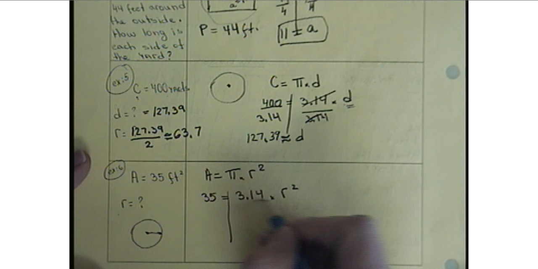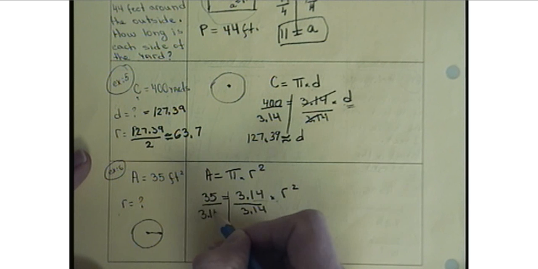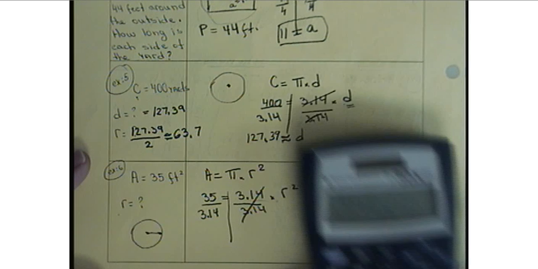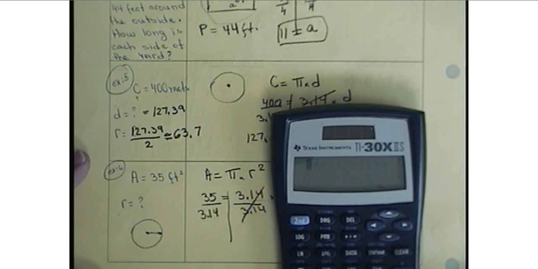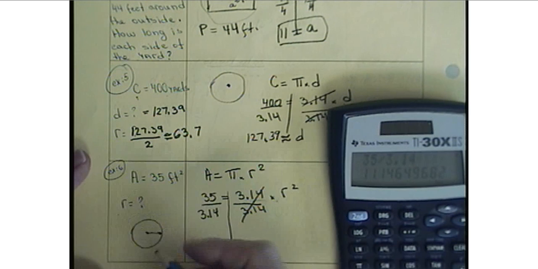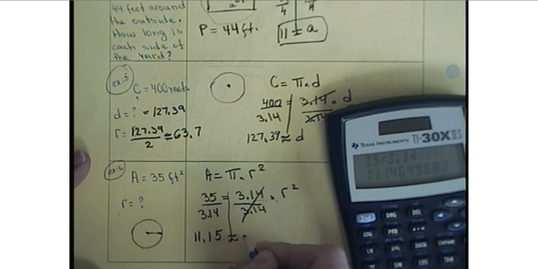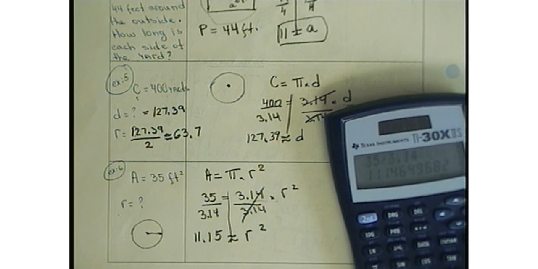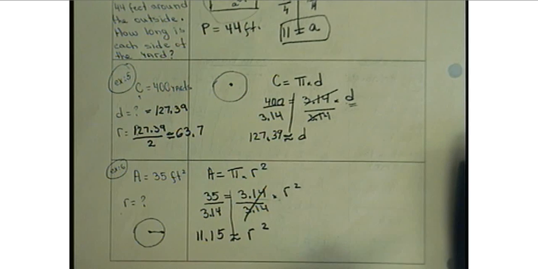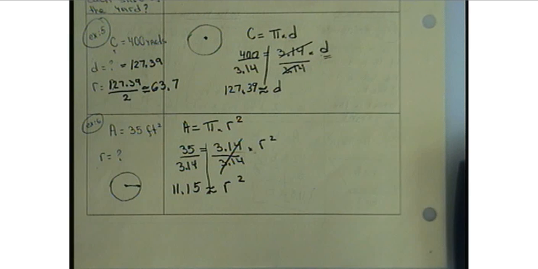This is a multiplication. Let's divide by 3.14 on each side first, and then I will tell you what's happening here. So 35 divided by 3.14 is equal to approximately 11.15, r square. Now this example is one of the challenge examples because it requires one more thing.